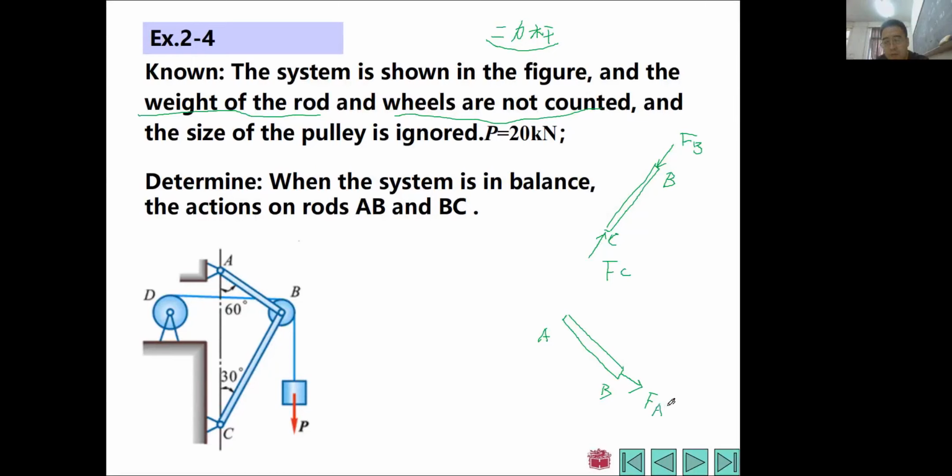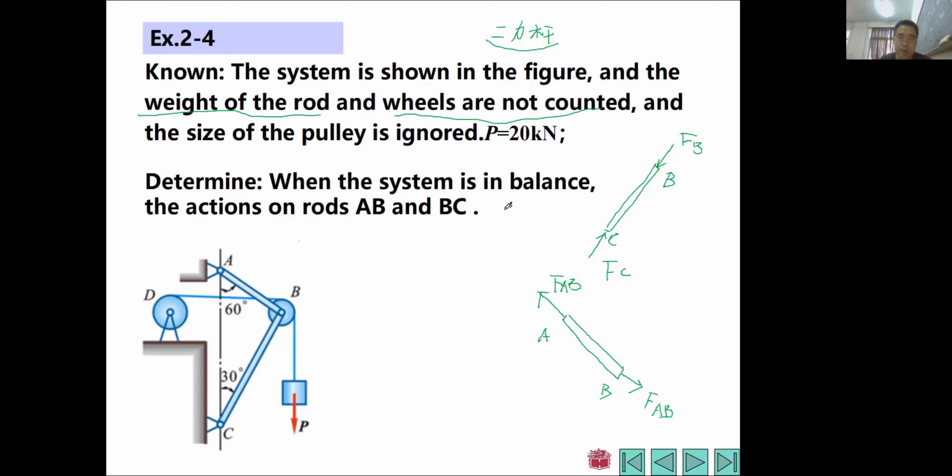To let you guys distinguish it from this FB, I write here FAB, right? This will be another FAB. This is very important because from the known condition, we find that rod AB and rod BC are two-force balanced rods. And we can find that FAB will be along this direction, FBC along this direction.